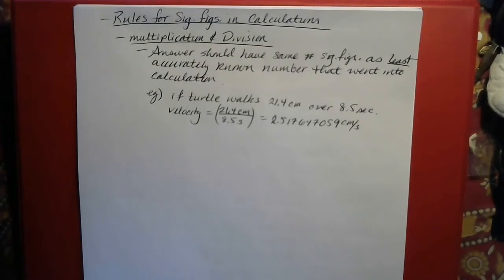And as you can probably intuitively guess, that number is kind of ridiculously long. Even if you know absolutely nothing about significant figures, you're probably going to want to cut that number off at some point and not use all of it, just because it really is ridiculously long. And it's ridiculously long because the calculator doesn't know about significant figures. The calculator assumes that every number that you entered has zeros after it.